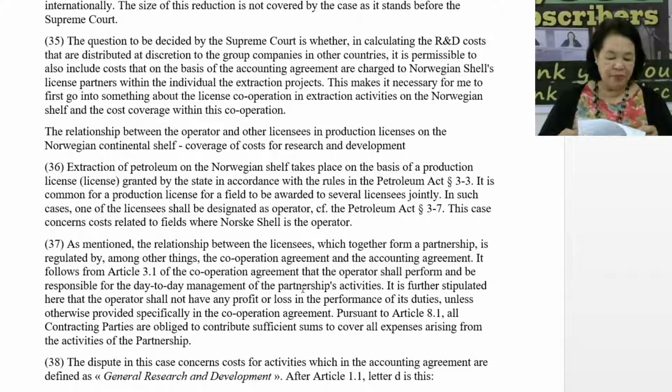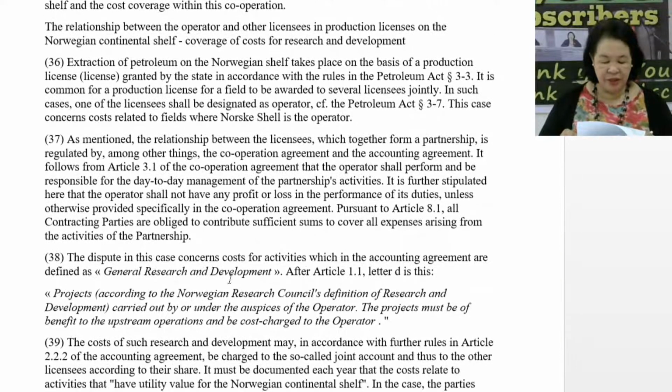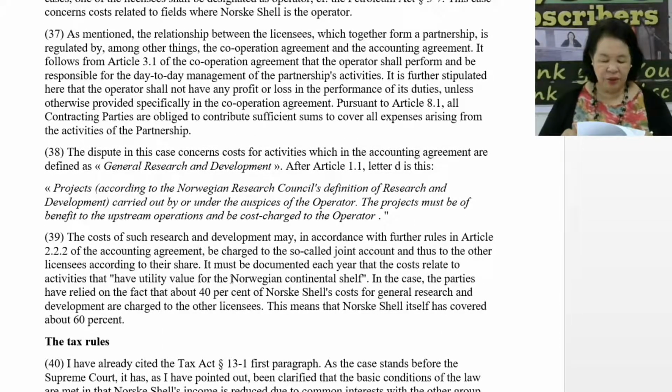No? So the Petroleum Act 3-7. This case concerns cost related to fields where Norske Shell is the operator. No? As mentioned, the relationship between the licenses, which together form a partnership, is regulated by, among other things, the cooperation agreement and the accounting agreement.